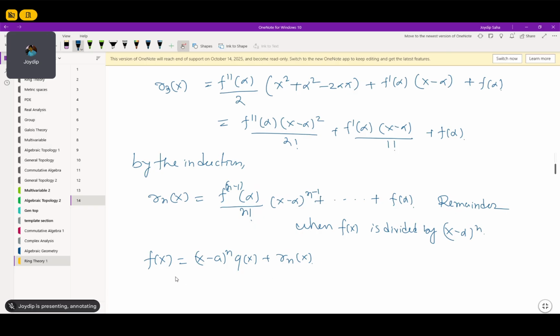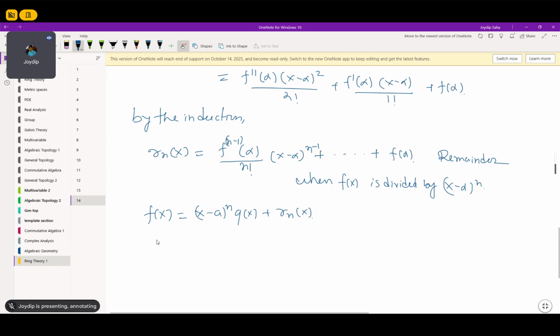Now differentiating n times, fn(x) equals... at first see that since degree f(x) equals n, this implies degree q(x) equals 0. This implies q(x) is a constant.